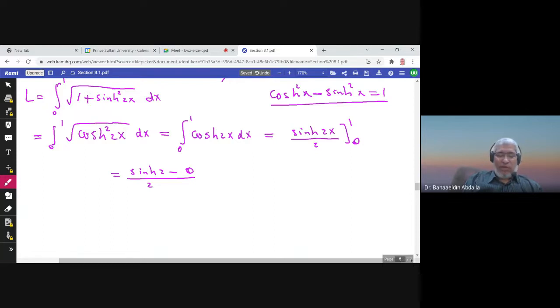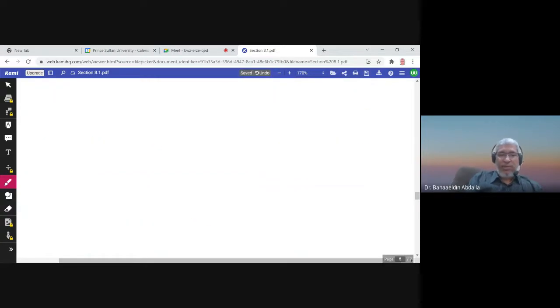If you ask for sinh 2, you will find its digits. If you ask for sinh 0, it would be 0. So you can write the answer as sinh 2 over 2, the exact answer. Let me solve finally this exercise, and then I'll stop and continue in another video.